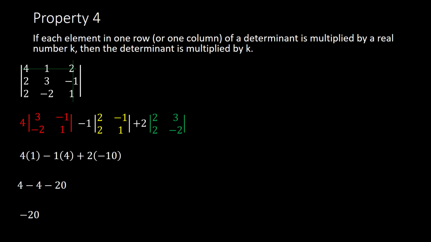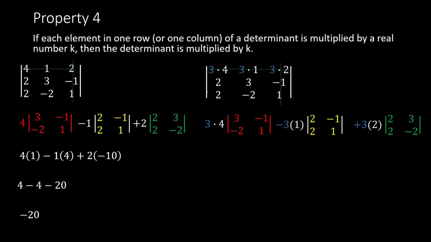But now if we were to multiply that first row by a 3, so take 3 times the 4, 3 times the 1, and 3 times the 2, and you were to find the determinant of this resulting matrix. So when we do that, everything stays the same except for the number in the front is going to be different. It's going to be 3 times that number.